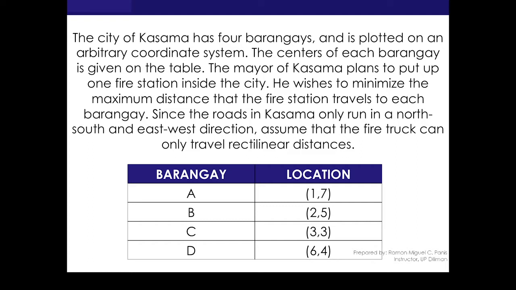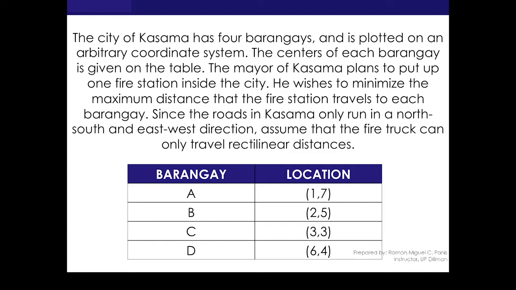Since the roads in Kasama only run in a north-south and east-west direction, assume that the fire truck can only travel rectilinear distances. And then we are given the table of the 4 barangays and their locations.